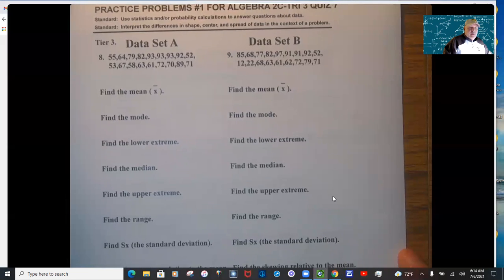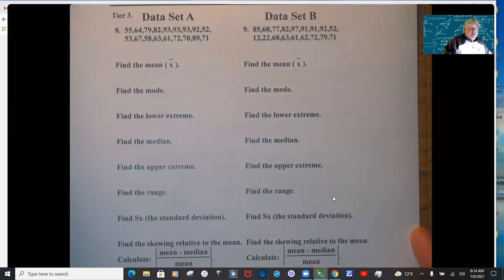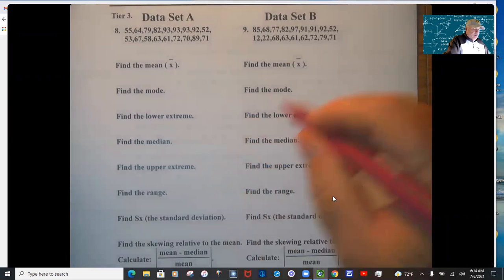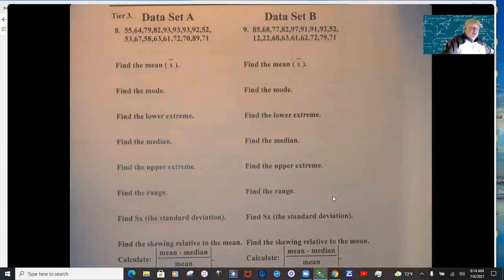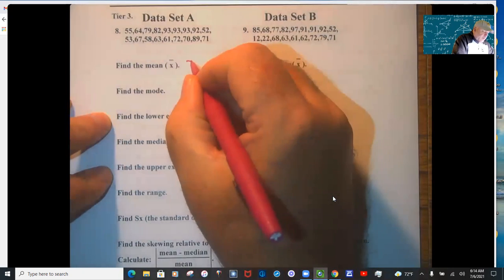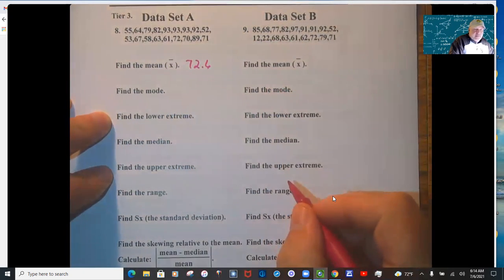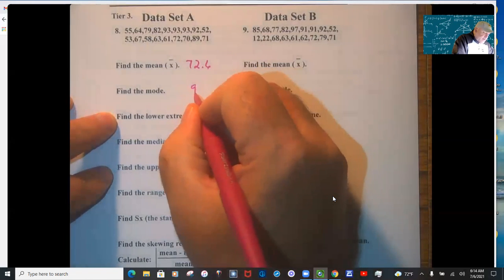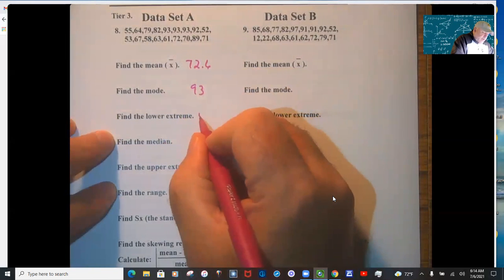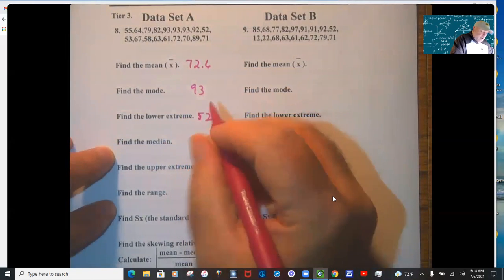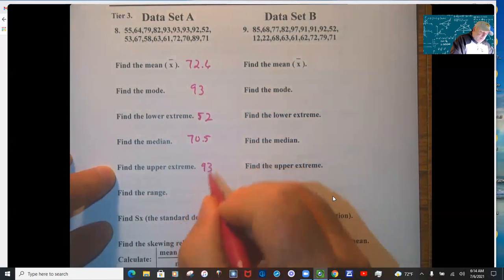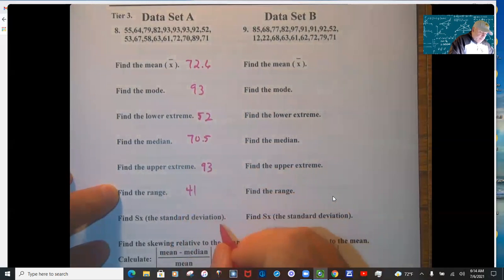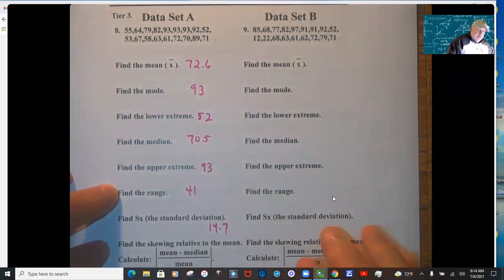Now I'm going to rapidly fill in these two columns. This is stuff you really won't get any points for. You just need to get this data and get it right so that you can use it in the calculations below. 93, 41, and then 14.7.